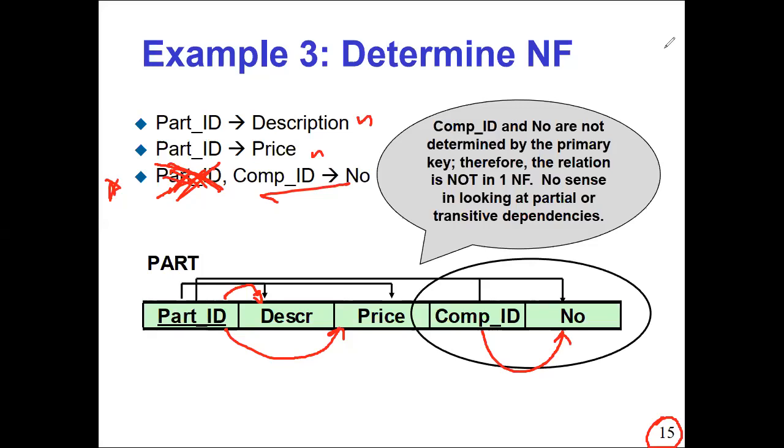Because already from 0 to 1, we removed the repeating groups. So you will not find any repeating groups in 1NF, 2NF, and 3NF. Only repeating groups will be there in the 0NF.